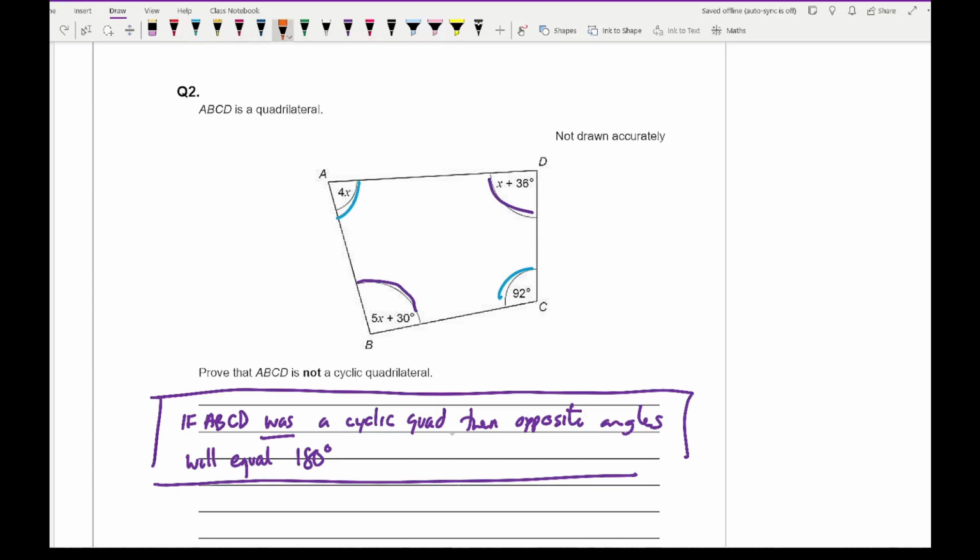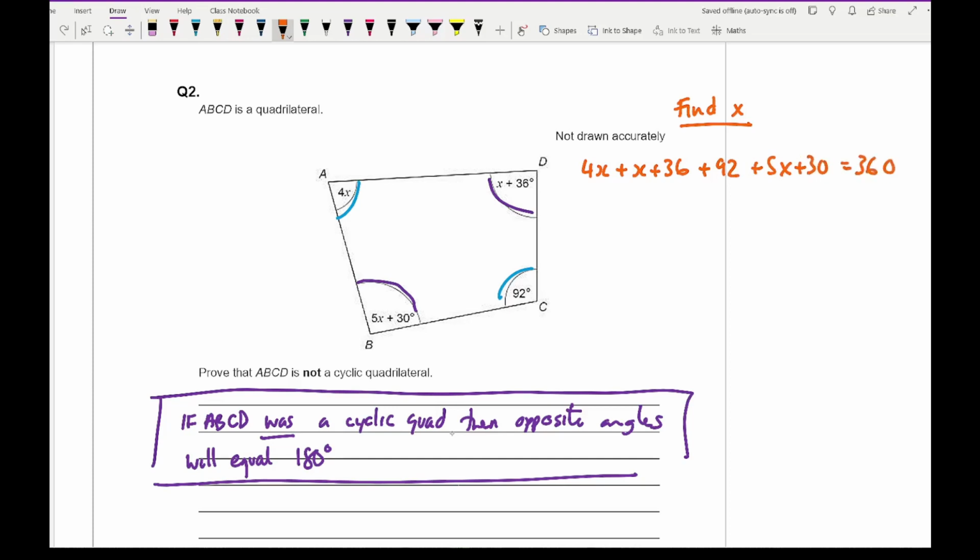So I just need to work out those two. First things first, I need to find x. One thing I know, whether it's a cyclic quadrilateral or just a quadrilateral, is that all the angles inside that shape add up to 360. So here I've got 4x plus x plus 36 plus 92 plus 5x plus 30 equals 360.